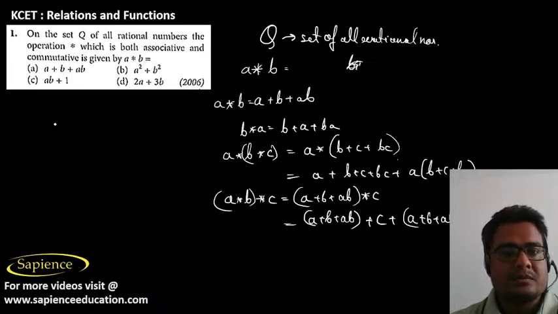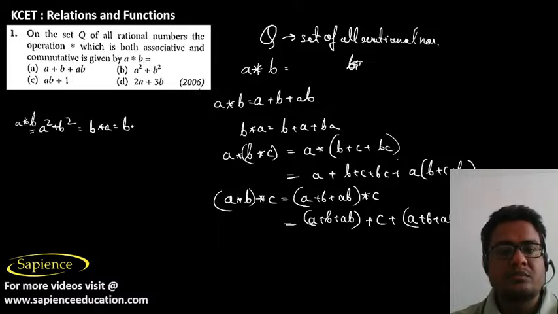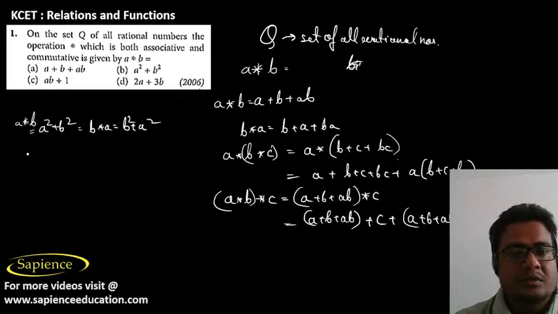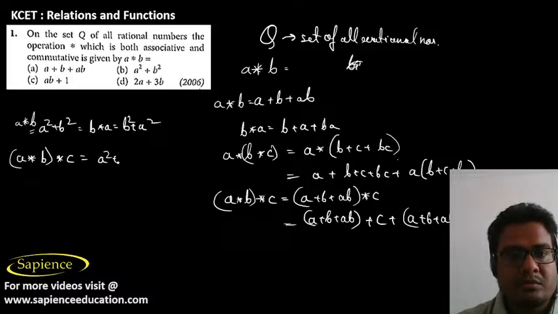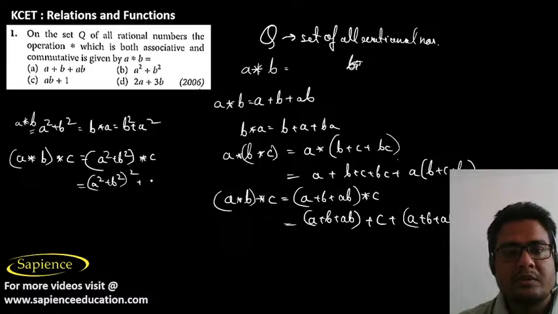And in the second one, A star B is A square plus B square. That is also the same as B star A, since B star A will also be B square plus A square. Second one is also commutative, but we have to check if it is associative or not. (A star B) star C would be (A square plus B square) star C, that would be (A square plus B square) square plus C square.